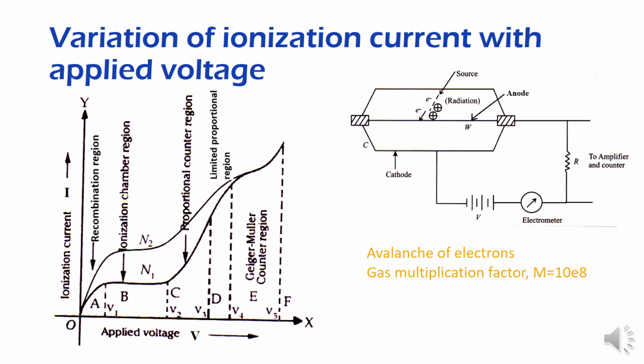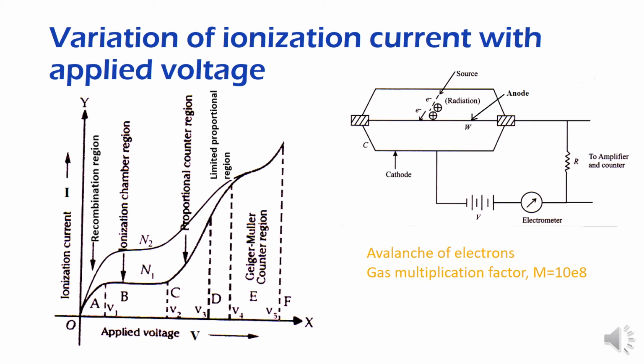It is of the order 10 to the power of 8. Because of this avalanche of electrons, a very high current is obtained in this particular voltage region, and this voltage region is called as Geiger-Müller counter region. Geiger-Müller counter region. Okay, and you can notice the graph here.